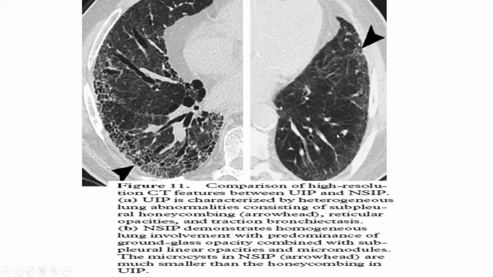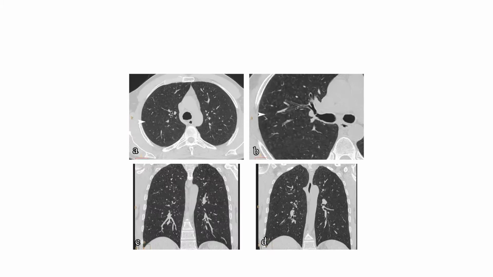And even if honeycombing can be present in NSIP, it is rather microcystic and not macrocystic as compared to the honeycombing in UIP. So in UIP, you want to think of macrocystic honeycombing and tractional bronchiectasis, whereas in NSIP, you want to think GGOs, micronodules, and microcystic honeycombing.